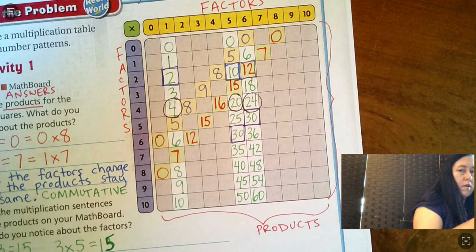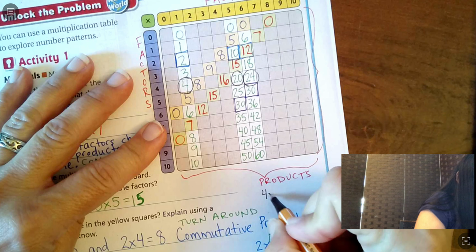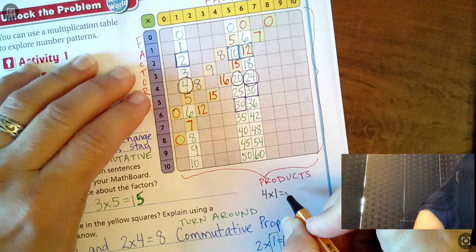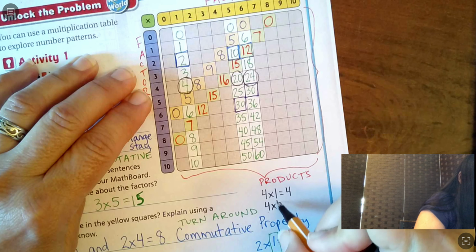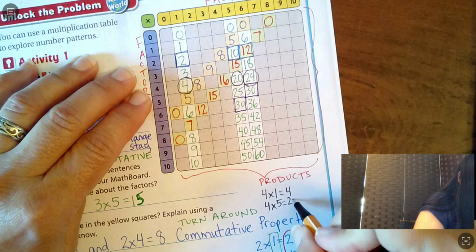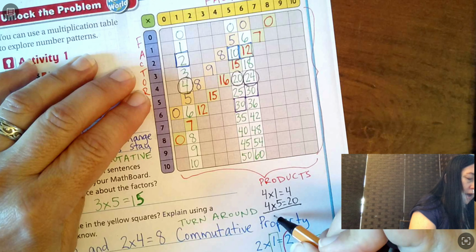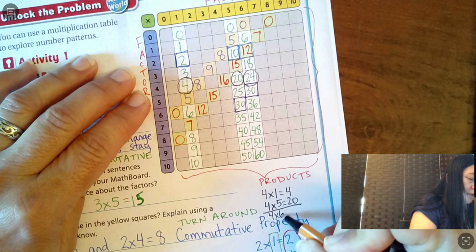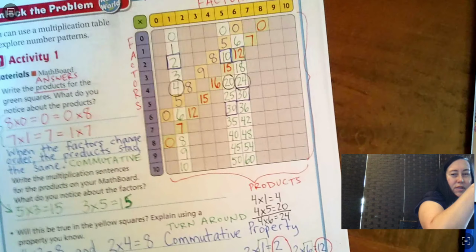So 4 times 1 equals 4. 4 times 5 equals 20. If I add that up, I get 4 times 6, which equals 24. Do you see that?